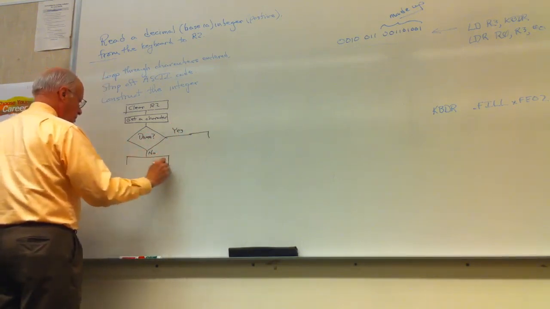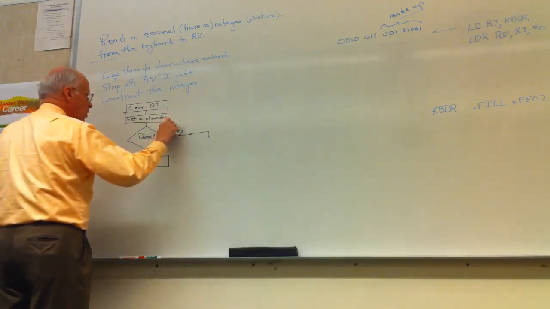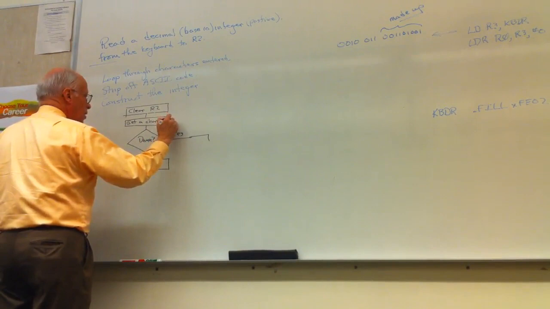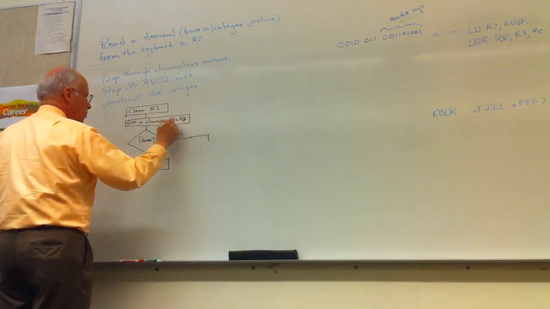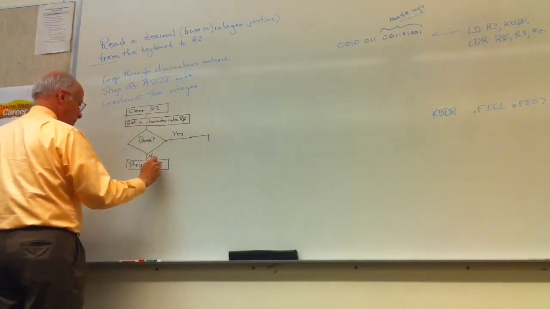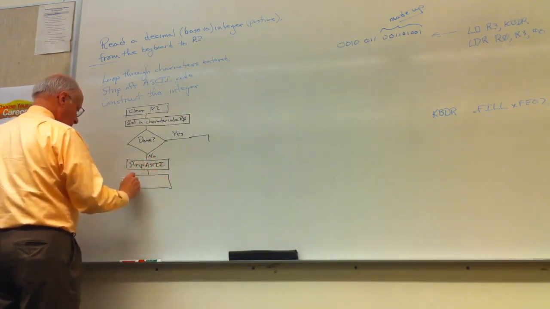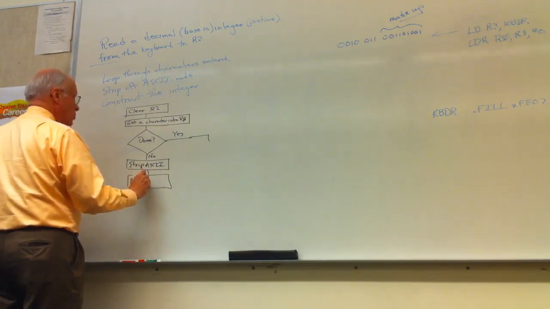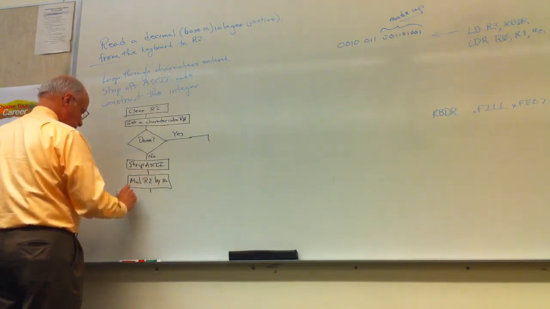If not, let me specify where I'm going to put that: into register 0. Strip off the ASCII. Multiply register 2 by 10.